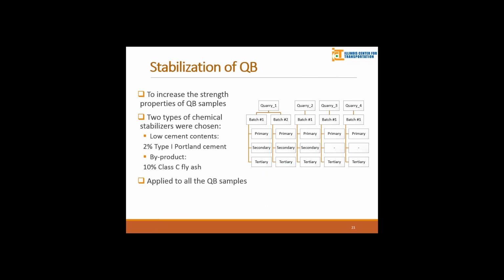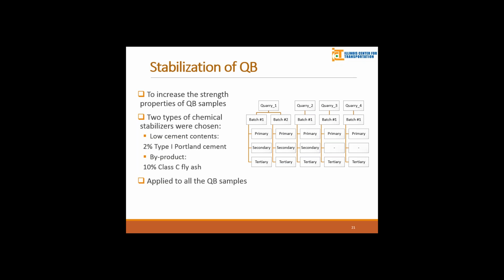To increase the strength properties of these quarry byproduct samples, we chose 2 stabilizers. The first one is cement with low cement content. We chose 2% Type 1 Portland cement because, according to the previous literature, if you choose low cement content, it can decrease the potential of stiffness in cold temperature.